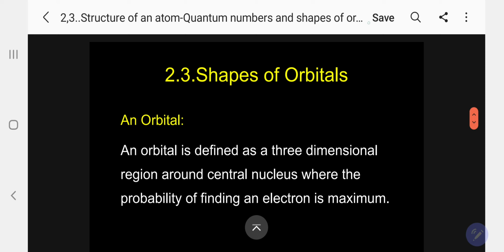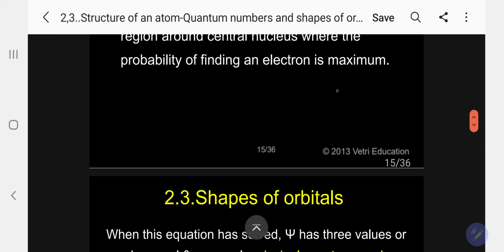Kindly let us define it now. An orbital is defined as a 3-dimensional region around the central nucleus where the probability of finding an electron is maximum.